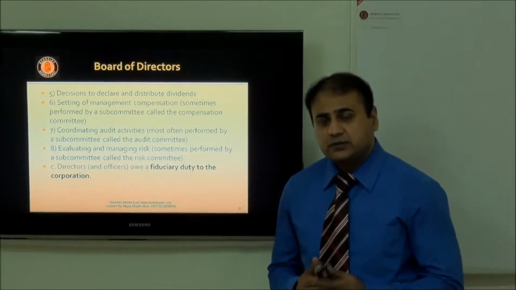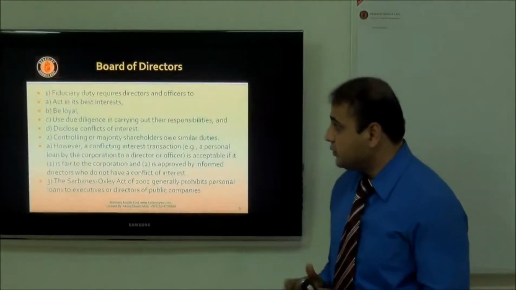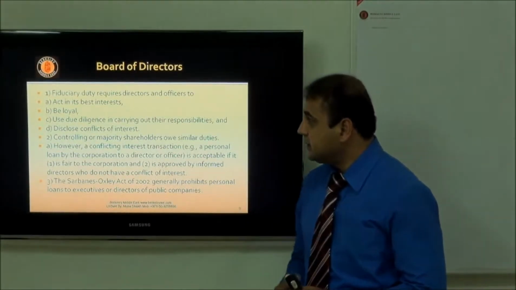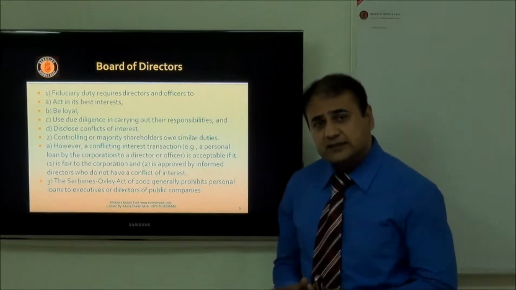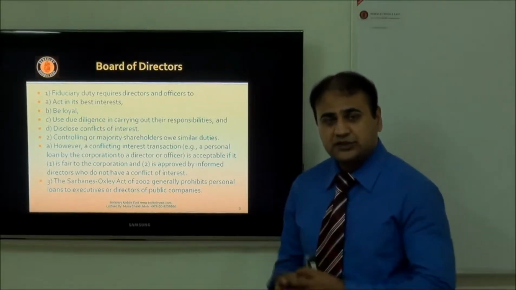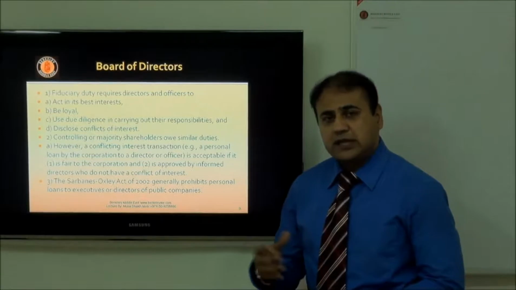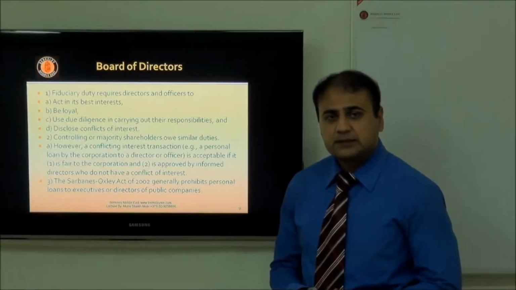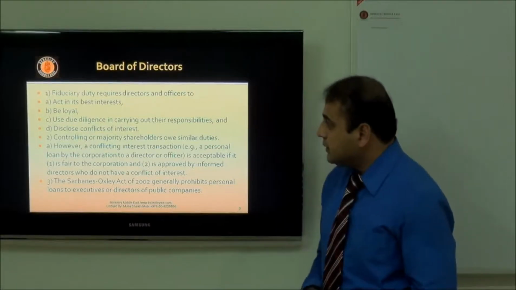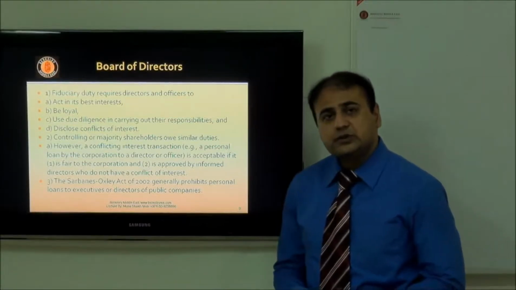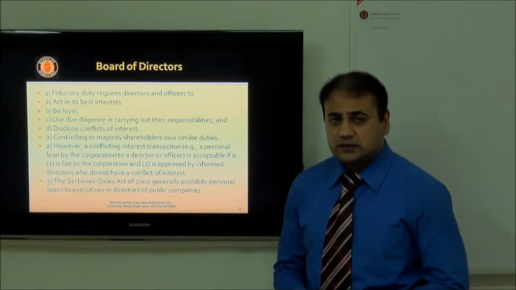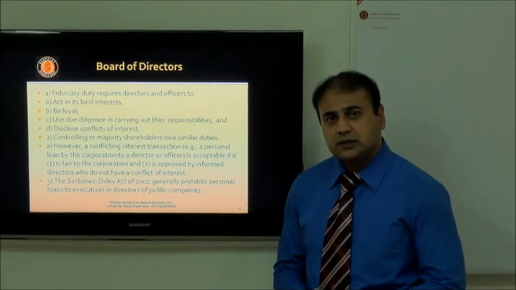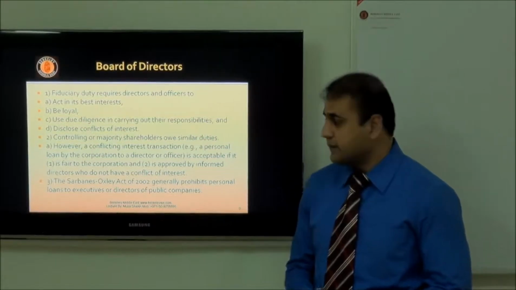They have to act in good faith, and it requires the directors to work in the best interest of the corporation, removing any conflict of interest which can damage their decision, reputation. Then they should be loyal, they should use due diligence, which is very much required as a strategic vision and for taking the right decisions.